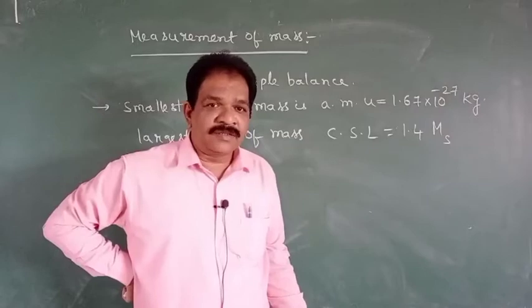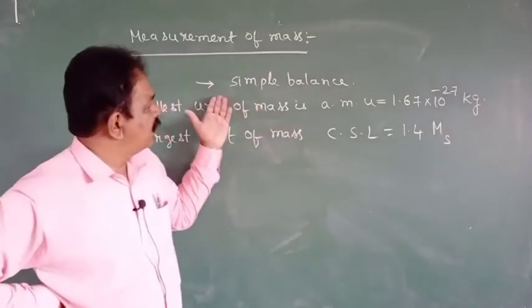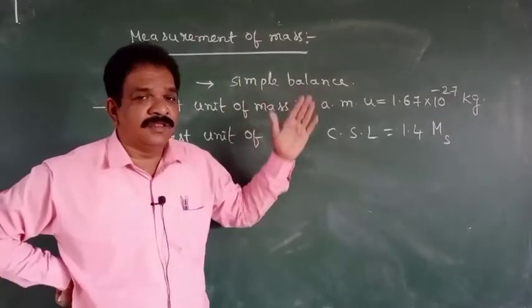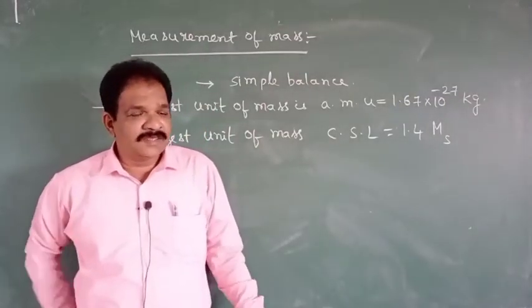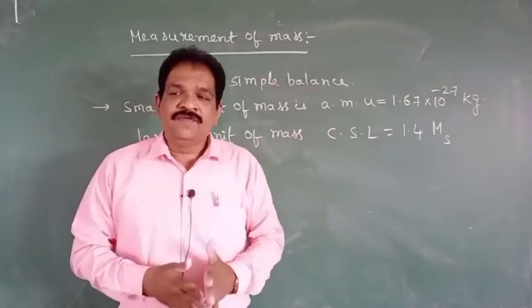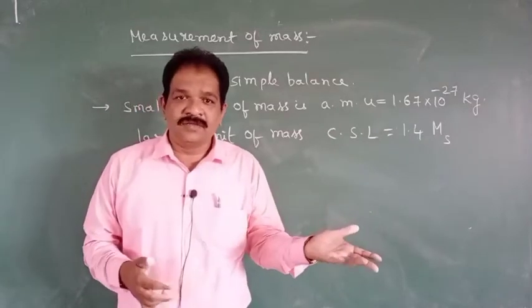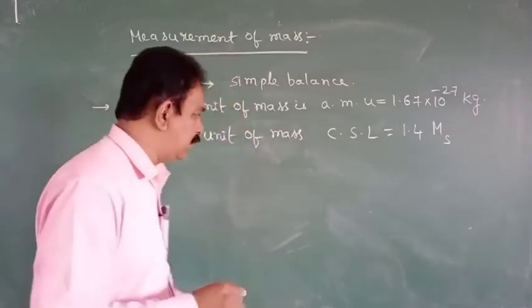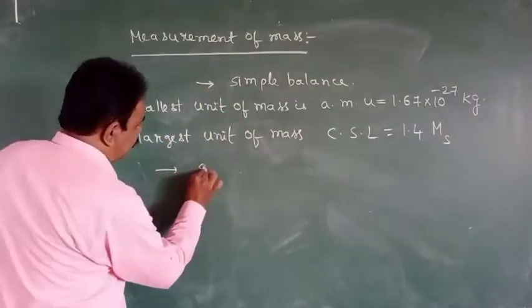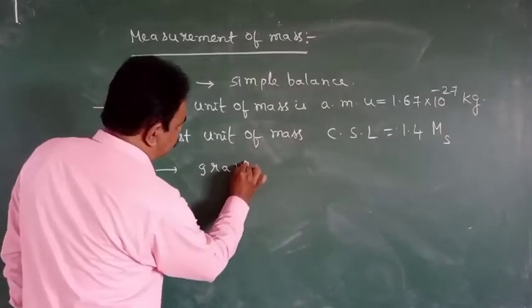The general device we use to measure mass is the simple balance. If the masses are very high, like finding the mass of the earth or of the different planets, there we will use gravitational methods.